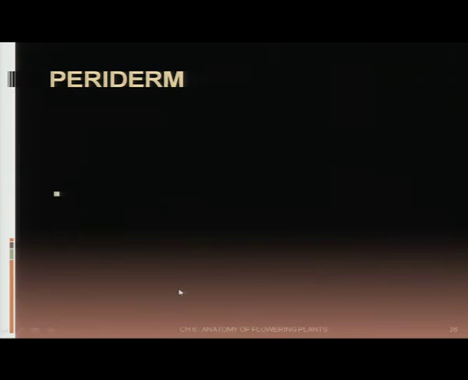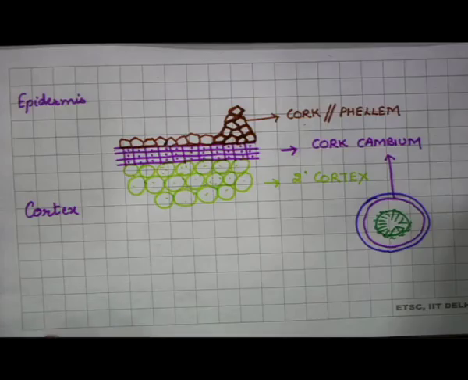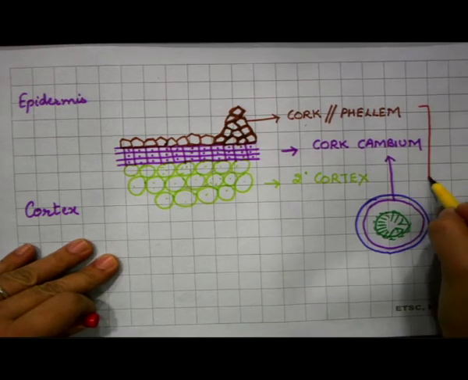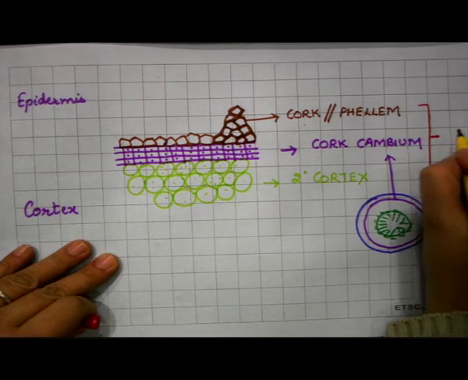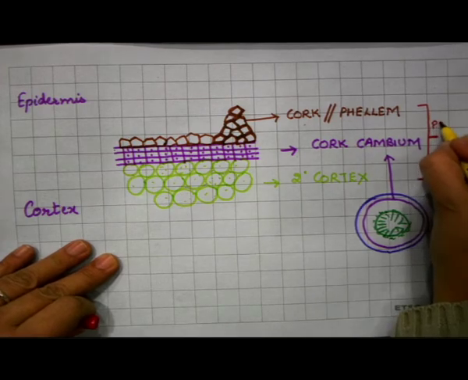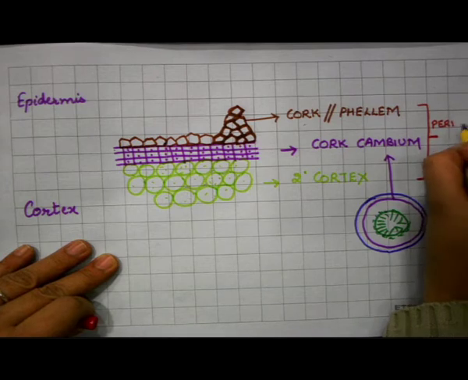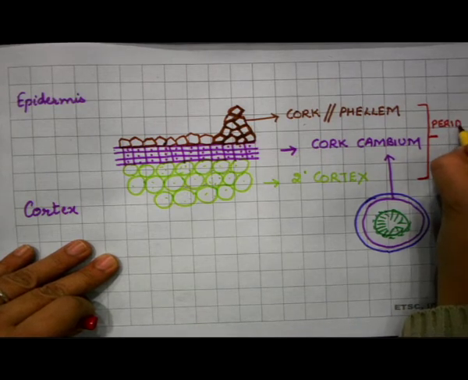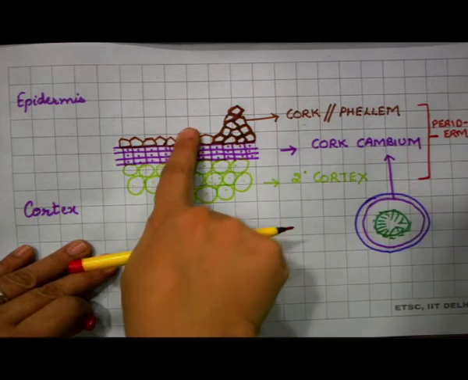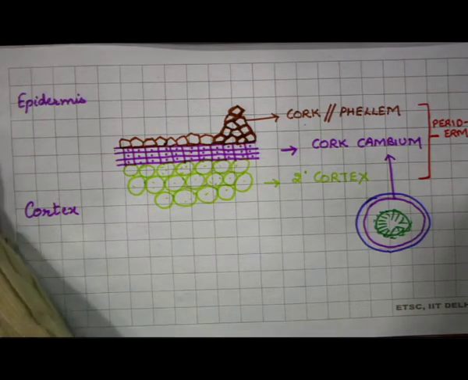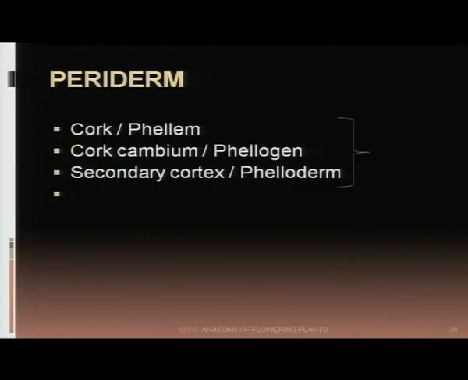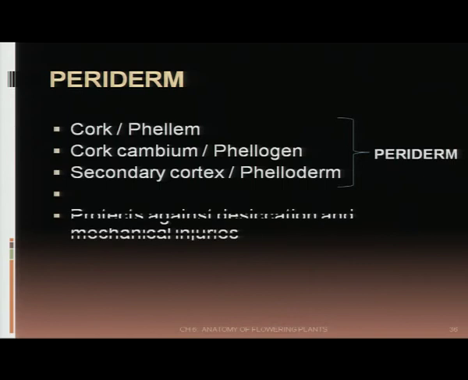What is periderm? These three taken together, the phellem, the phellogen and the phelloderm, these three make the periderm. The cork cambium and the secondary cortex, they together form the periderm.